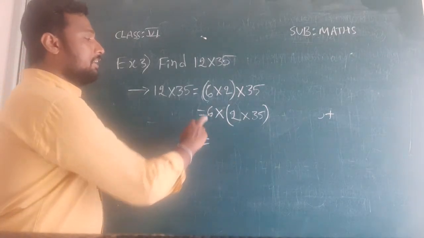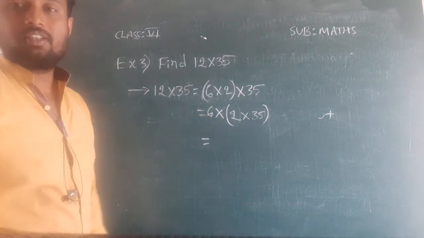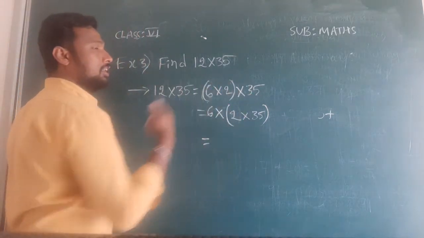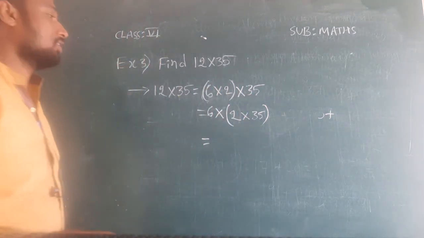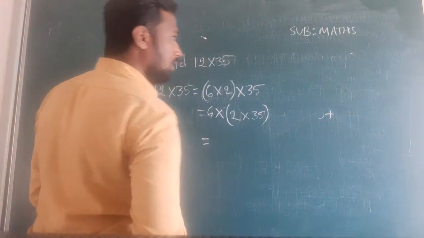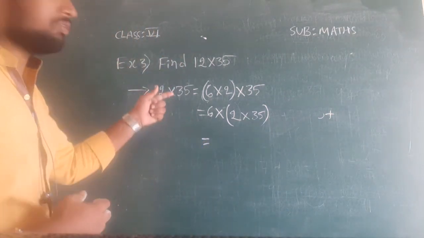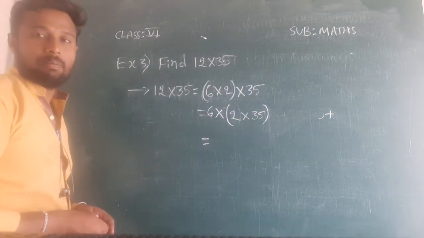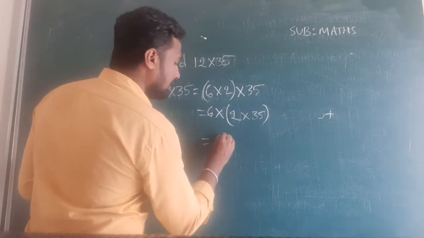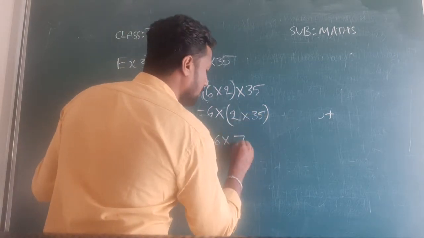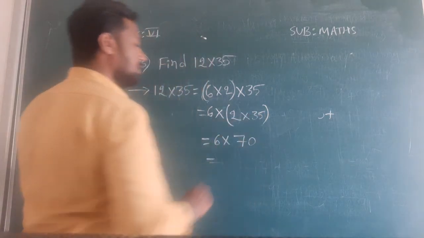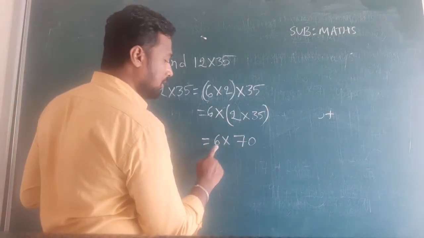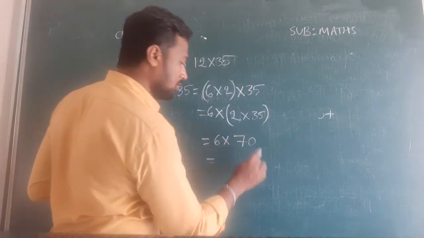So 70 you can easily multiply with 6. But directly if you are multiplying 12 with 35, it will be difficult for us. So what we are doing here, we are simplifying this given problem 12 into 35 using associative property. Now 6 into 70 we got here. 6 into 70 means easily you can multiply 6 into 0.